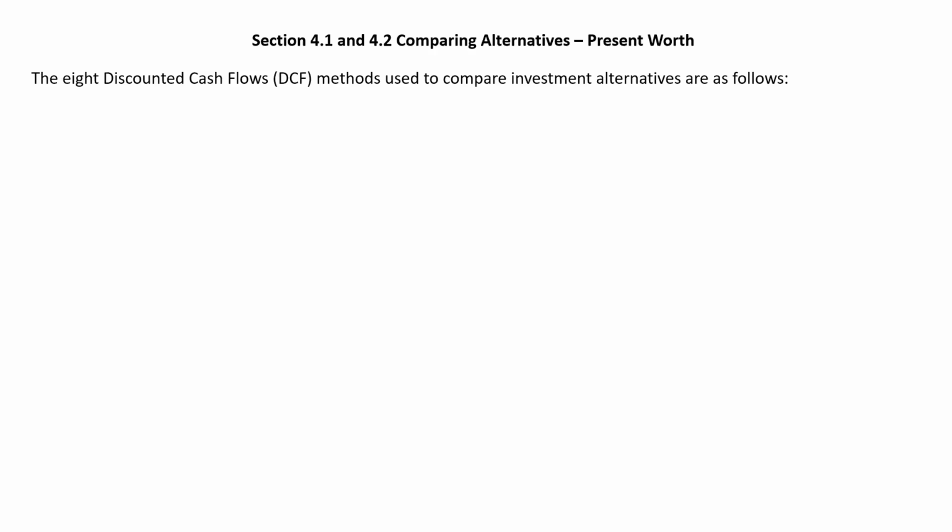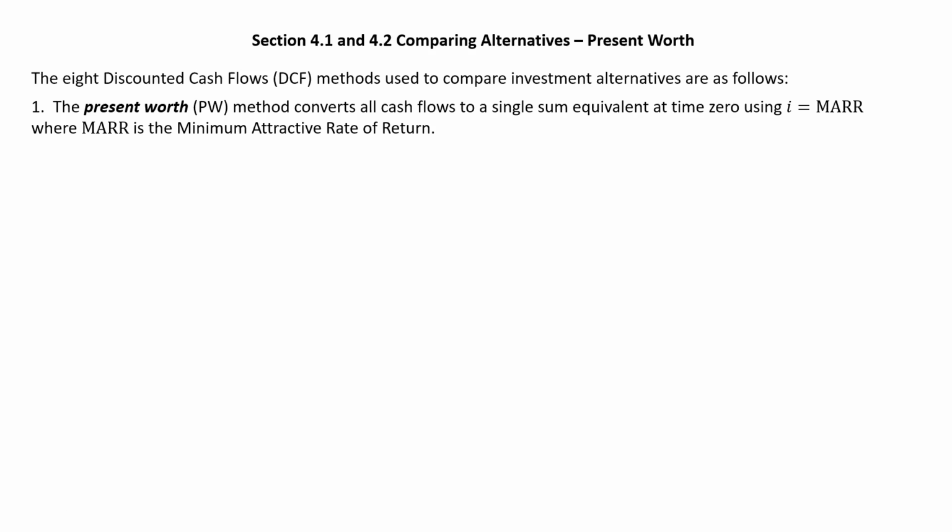I think intellectually they're not very complicated, but you just need to be aware of all of them. And in fact, we will cover every one of those alternatives in detail in this chapter. Okay, good. The first method is what is called the present worth method.